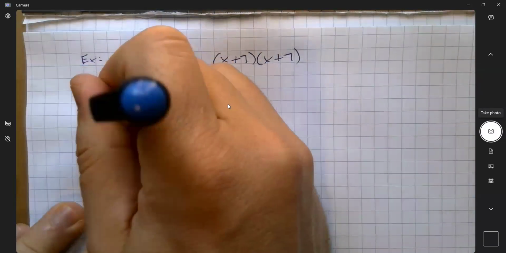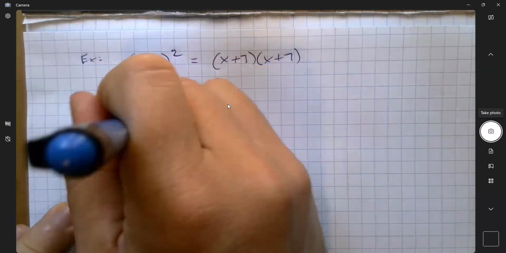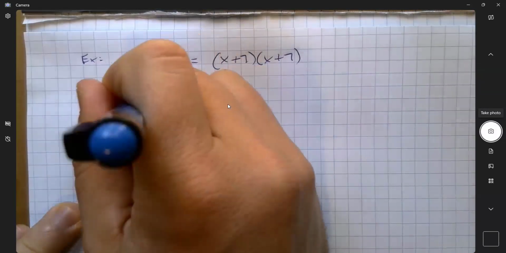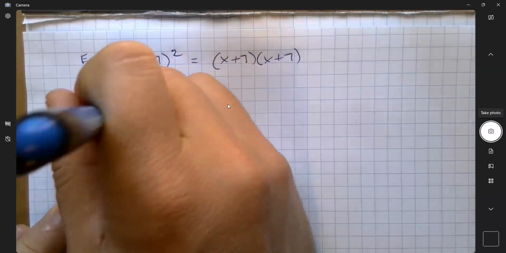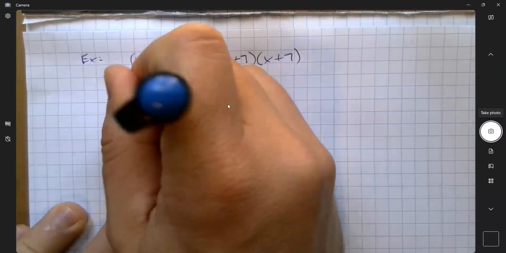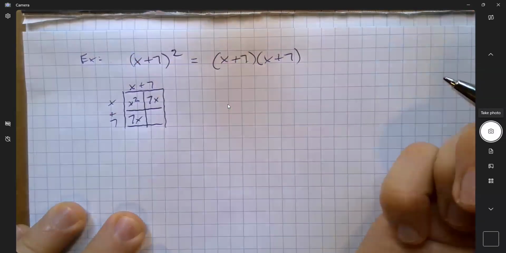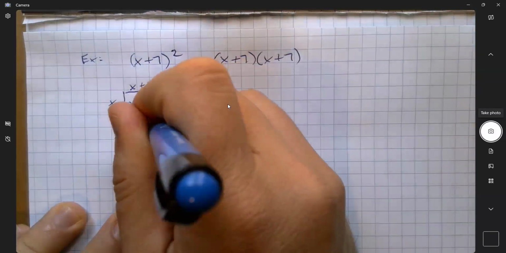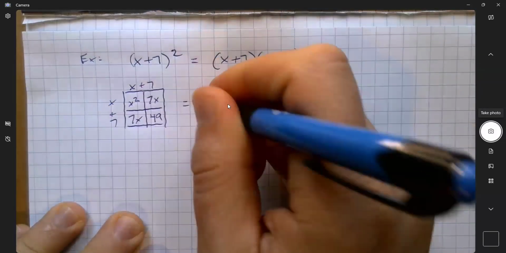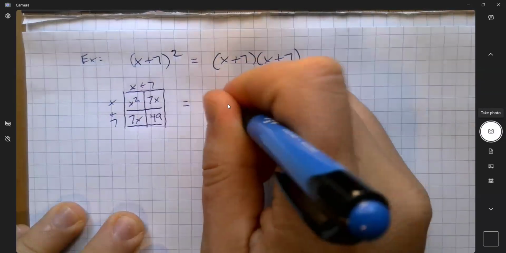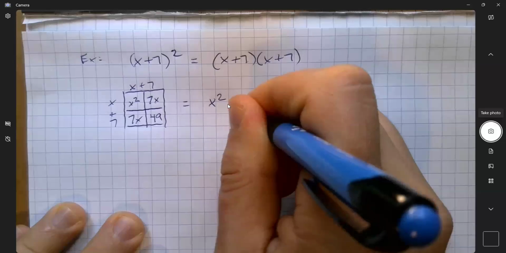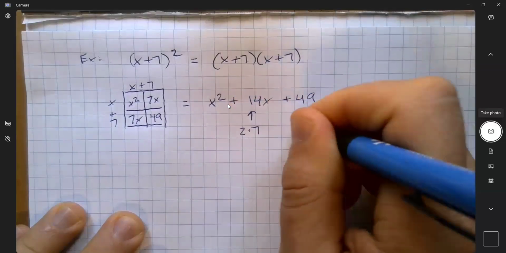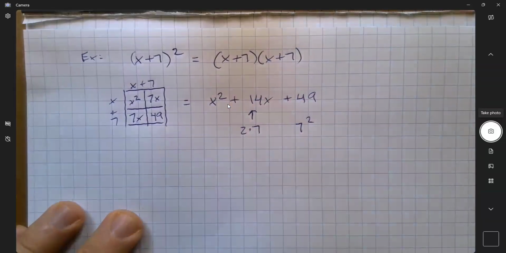And the box method for multiplying out the x plus 7 gets me an x squared, 2 of the 7 x's, and a 7 squared, which is 49. And when I add that all together, I get x squared plus 14x plus 49. 14 is 2 times 7, and 49 is 7 squared.